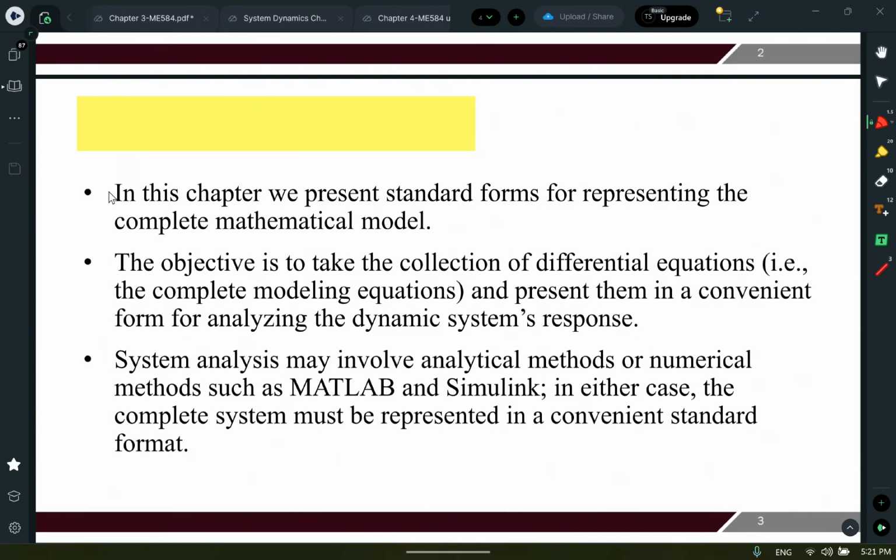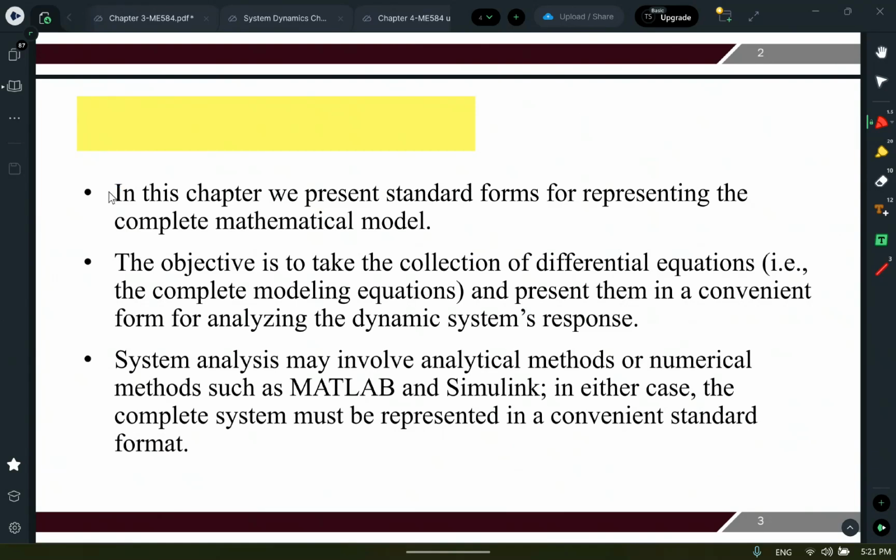Also, we're going to talk about another standard model to represent the dynamics of the system. The first standard model was state space. Another standard model is basically the transfer function and input-output relationships.